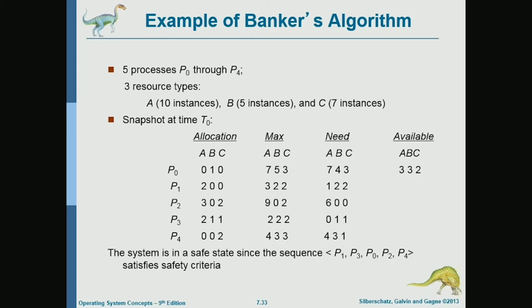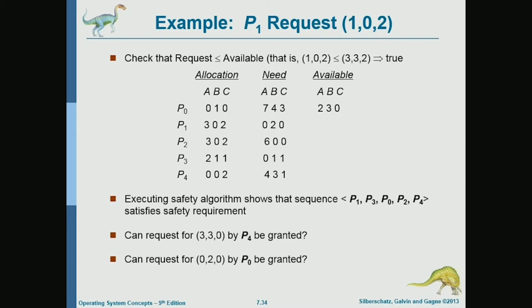Well, now we have shown that the system is in a safe state. Now, what if a process requests something? What if process P1 requests 102, requests 1 instance of A, 0 instances of B, 2 instances of C? If P1 requests this, what will we do?